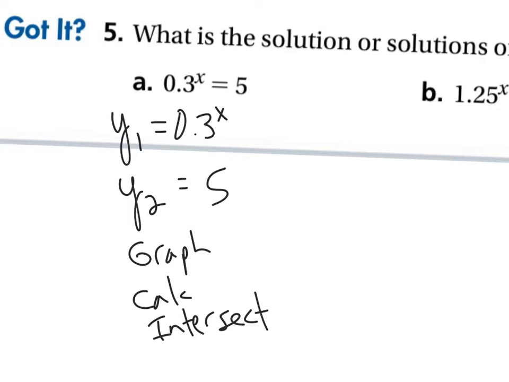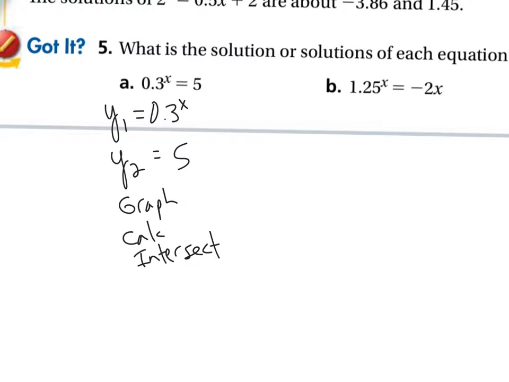So that would be a matter of graphing that and then looking on your calculator and checking where that intersects. So these, if you work through that, that would be about negative 1.34 would be the intersection point.